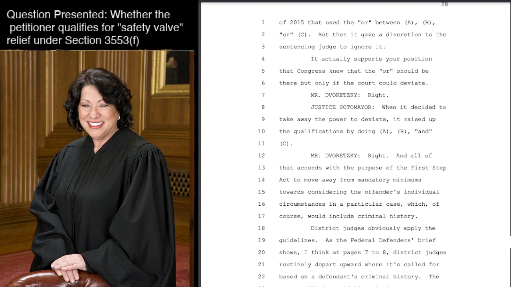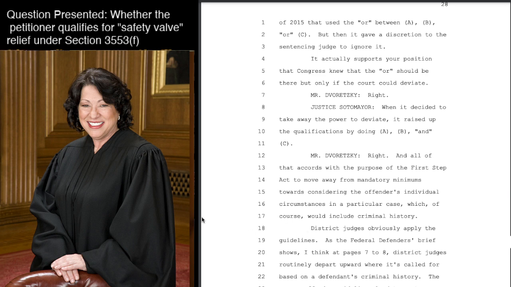When it decided to take away the power to deviate, it raised up the qualifications by doing A, B, and C. Right. And all of that accords with the purpose of the First Step Act to move away from mandatory minimums towards considering the offender's individual circumstances in a particular case, which, of course, would include criminal history.